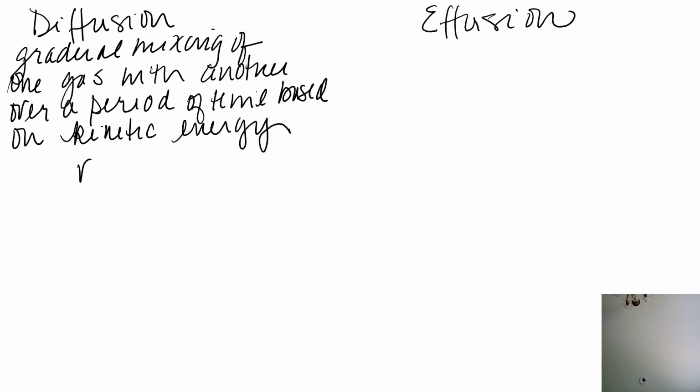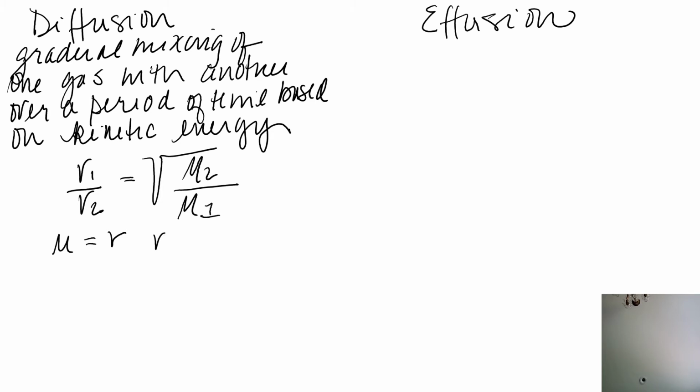And R1 over R2 equals the square root of the molar mass of gas 2 divided by the molar mass of gas 1. You might also see u used to represent R, or rate, but these are rates.